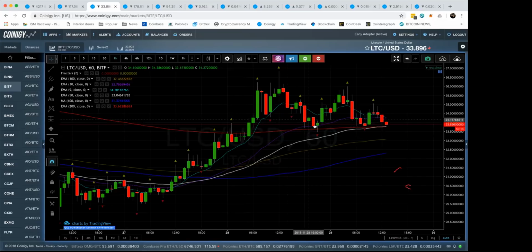See how well we've been holding above the 200 EMA? Just the same difficulty that we had breaking through it, we're now having a great response of support. So hopefully LTC can continue to hold this 200 EMA.